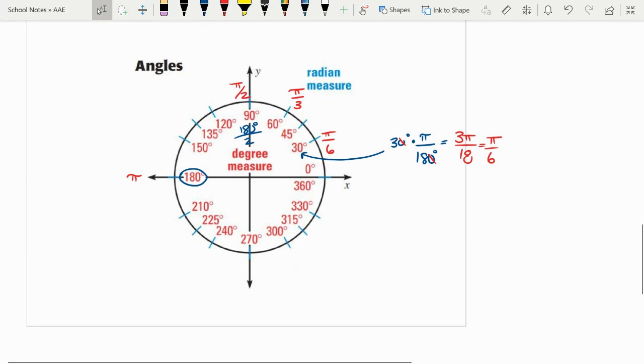All right. So I'm going to think about the other ones a different way, like 45. I know 45 is really 1/2 of 90. And I already know that 90 is pi over 2 radians. So if I multiply 1/2 times pi over 2, I get pi over 4.